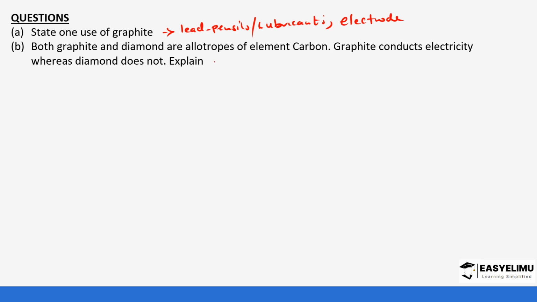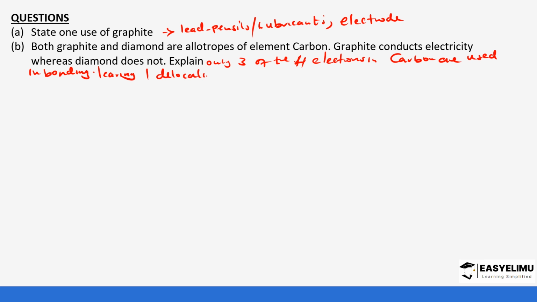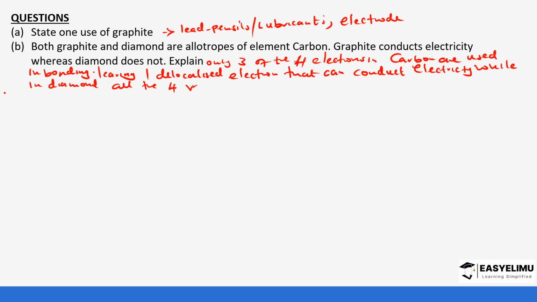So we said that in graphite, only 3 of the 4 electrons in carbon are used in bonding, leaving one delocalized electron that can conduct electricity, while in diamond all the 4 valence electrons are used in bonding.